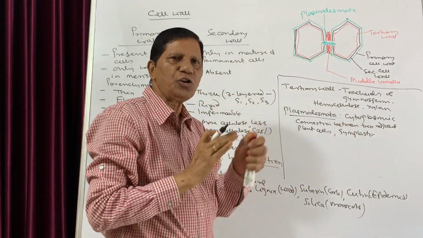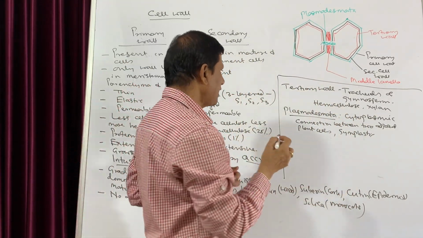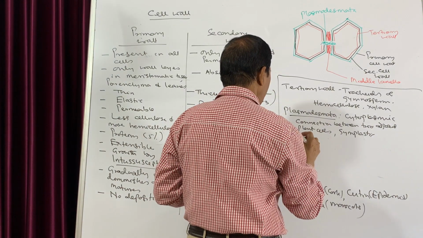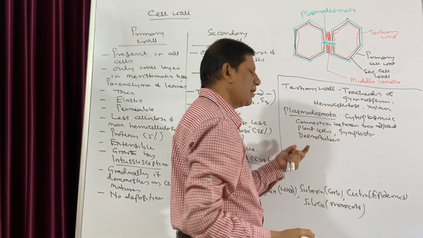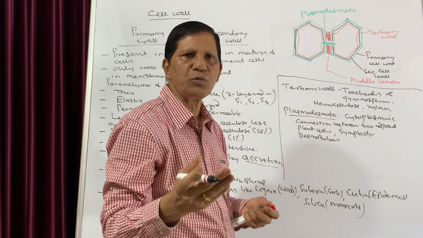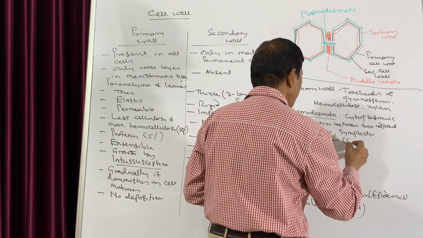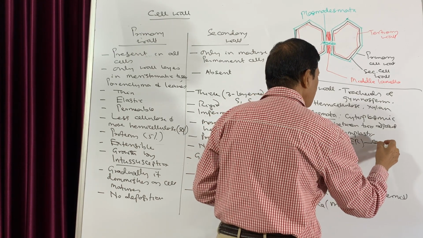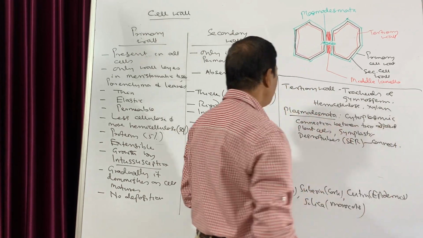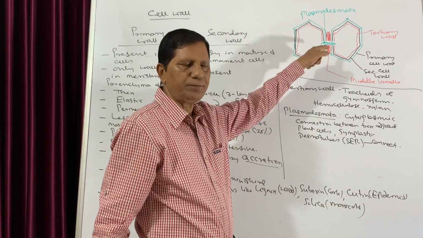Here certain tube-like structures are there. They are desmotubules. Desmotubules are one type of smooth endoplasmic reticulum. They connect the two cells. So this is about the plasmodesmata.